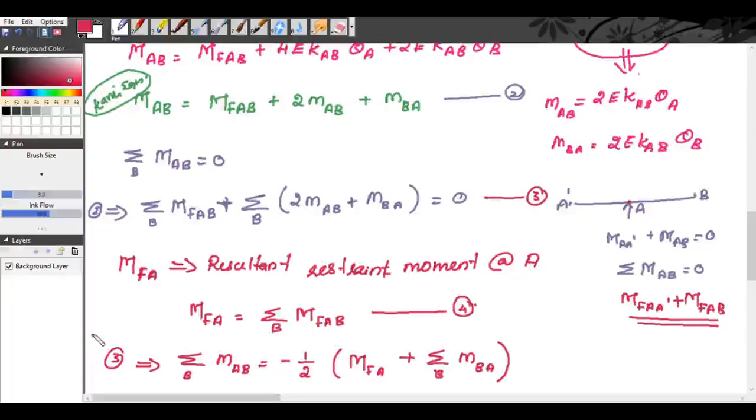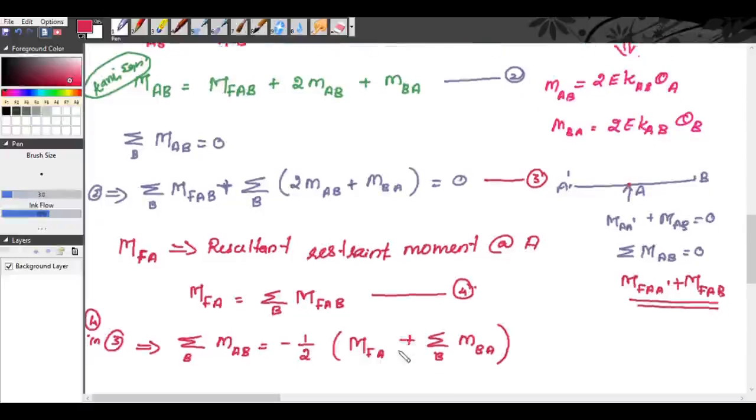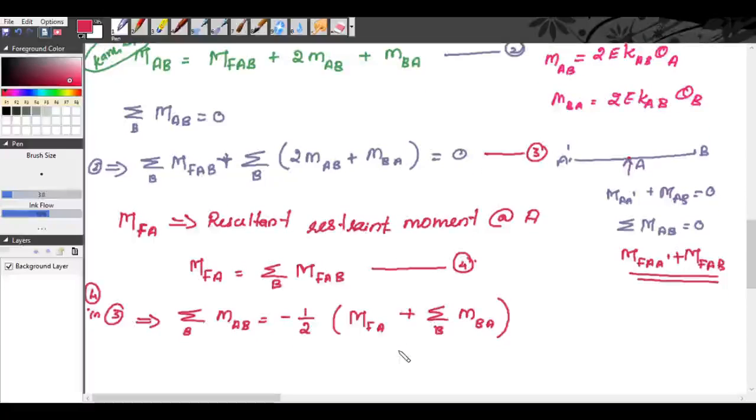So substituting 4 in 3, we get sigma B of small MAB is equal to minus half of MFA plus sigma B into MBA. We will take this as equation number 5.